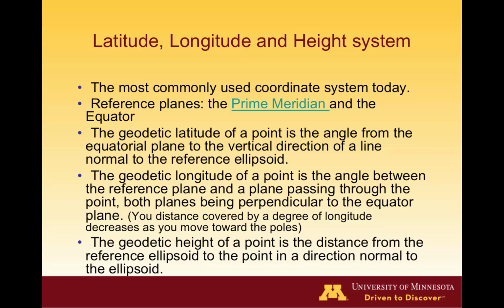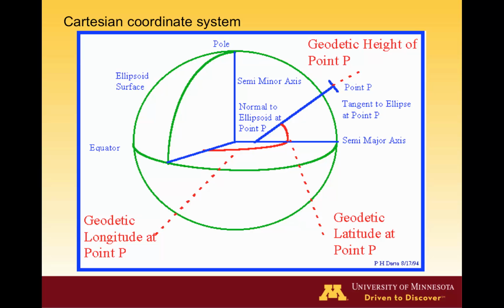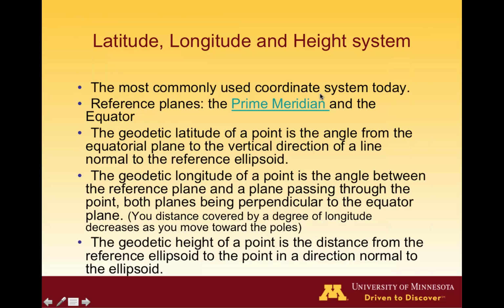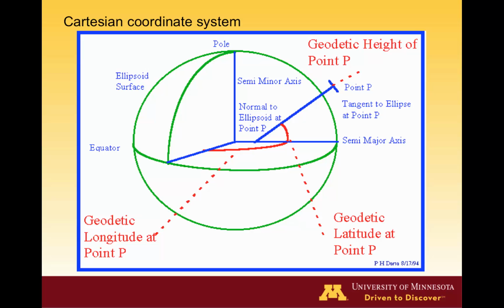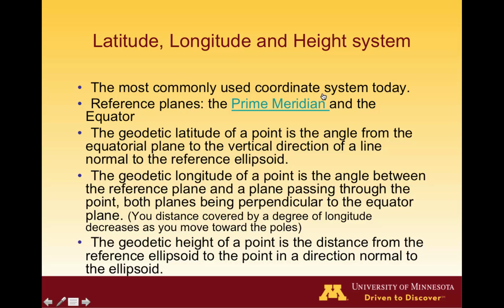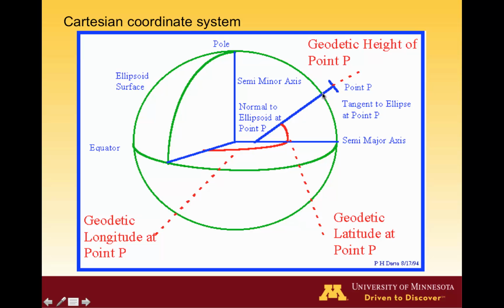It is the angle from the equator plane to the vertical direction of a line normal to the reference ellipsoid. The reference ellipsoid is the surface of the Earth, the surface model of the Earth. So you get this second angle as your latitude.